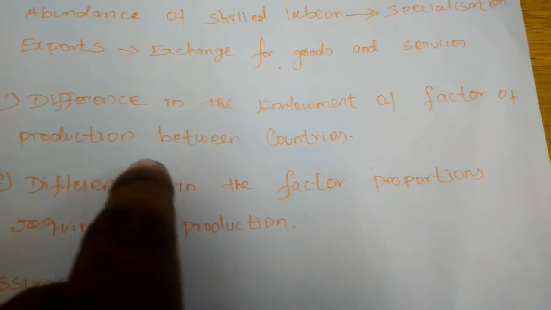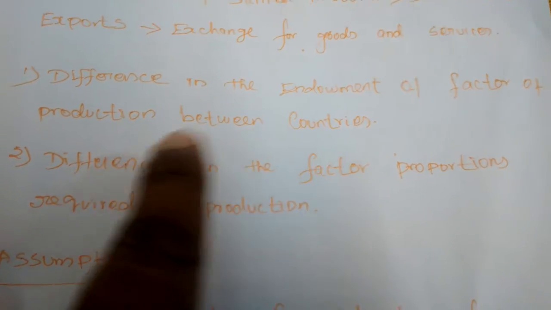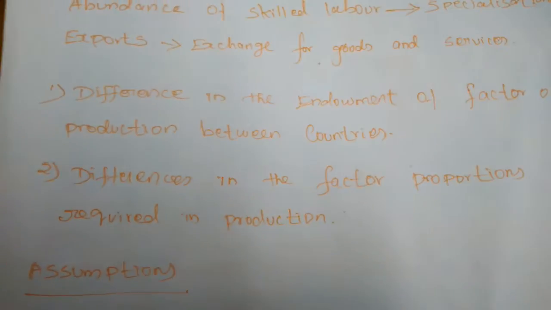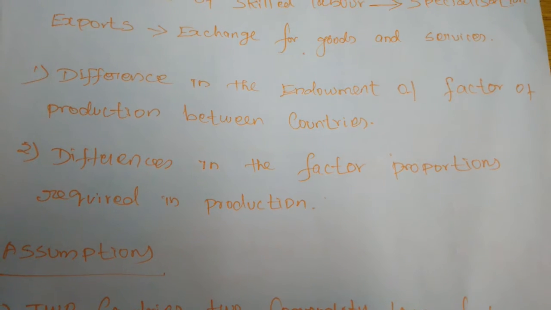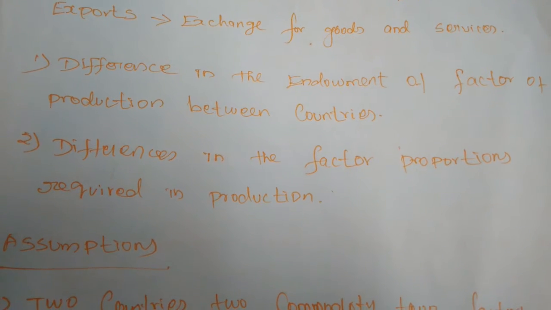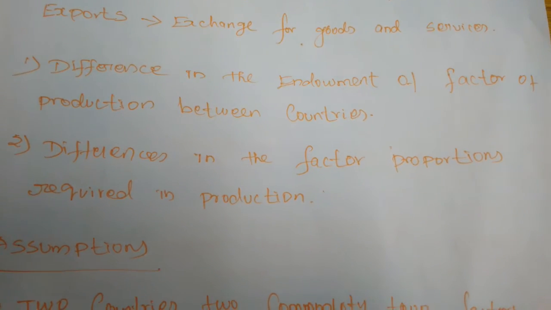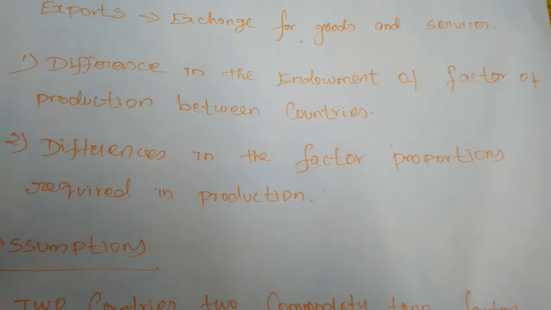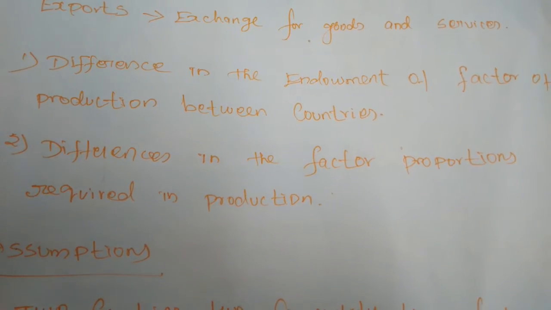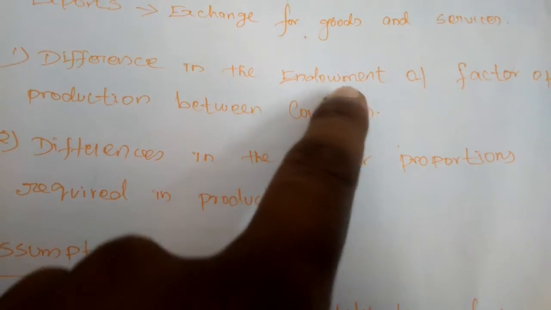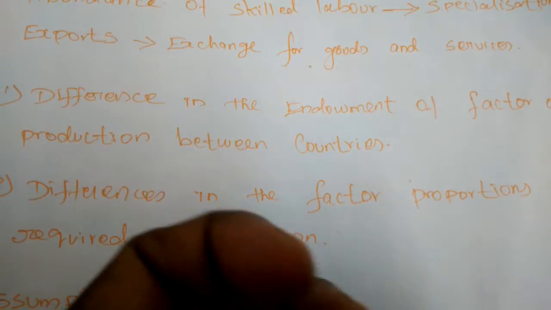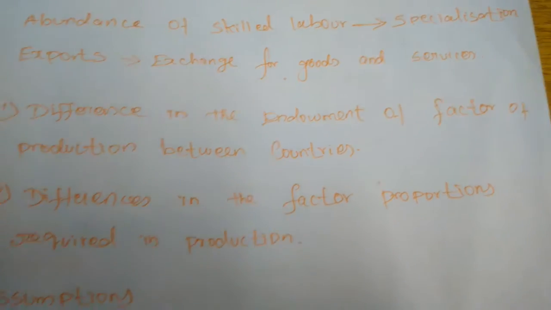The first one is the difference in the endowment of factors of production between countries. For example, if two countries are there, the factors of production or the productivity of the factors of production will differ between them. The endowment means the resources, the productivity or the power to produce.